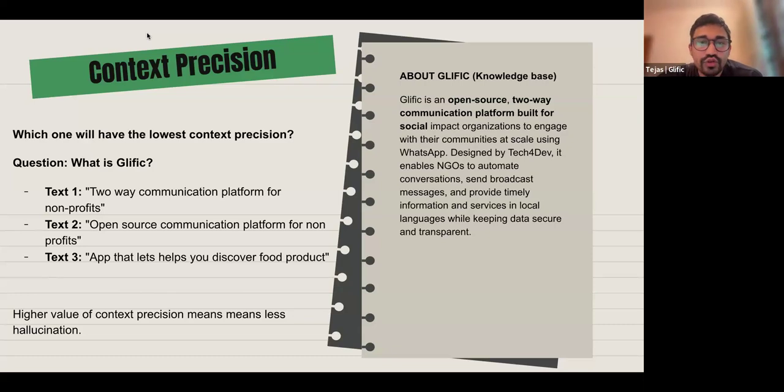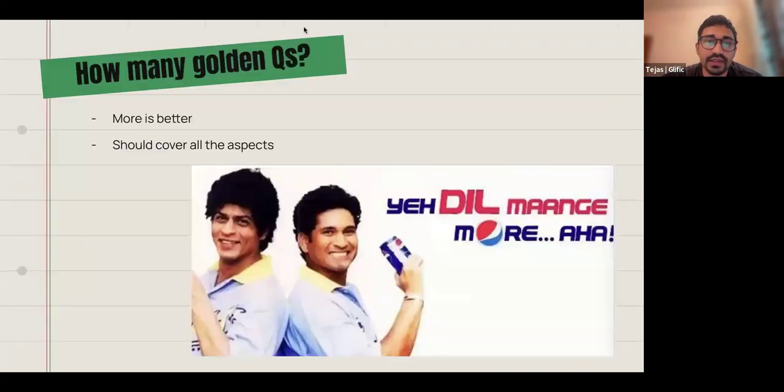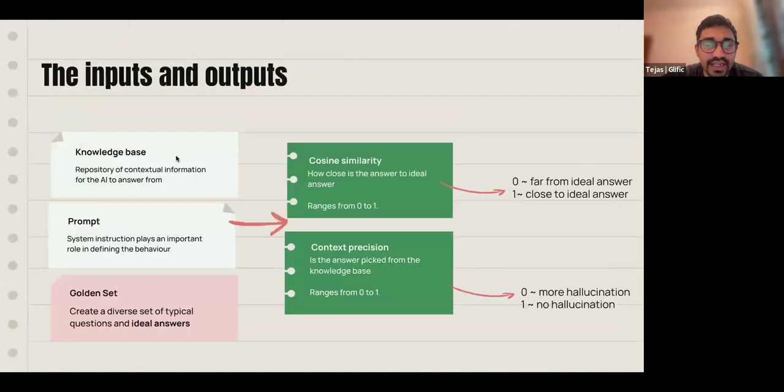Correct, correct. So when we run the eval, the context precision score comes between 0 and 1.